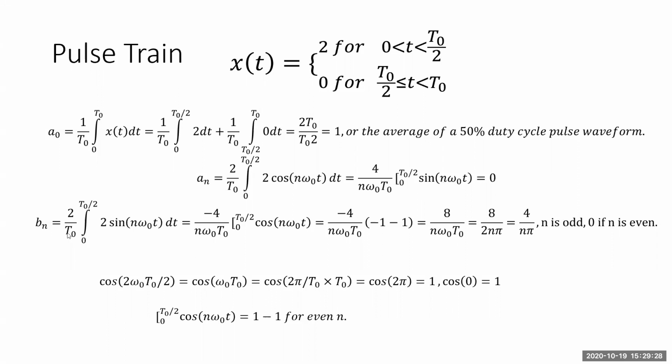Then to find the b constants, I already know not to integrate from half the period to the full period because that's 0. So I'm multiplying by sine, and n is just harmonics of the original frequency. Work through the math, and you get 4 divided by n pi.